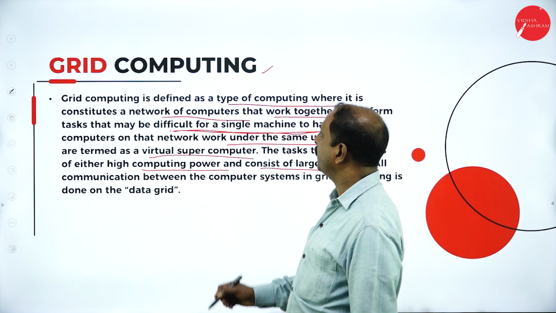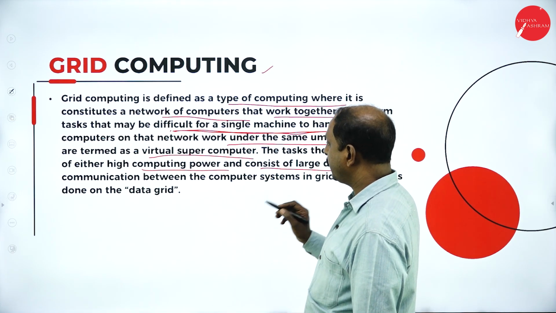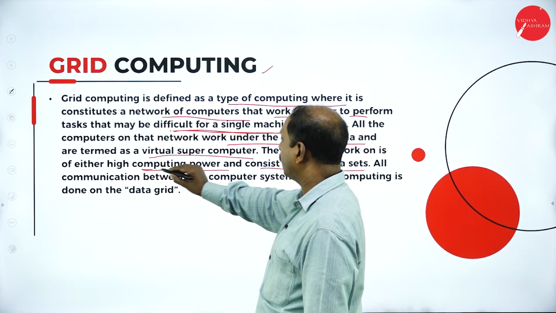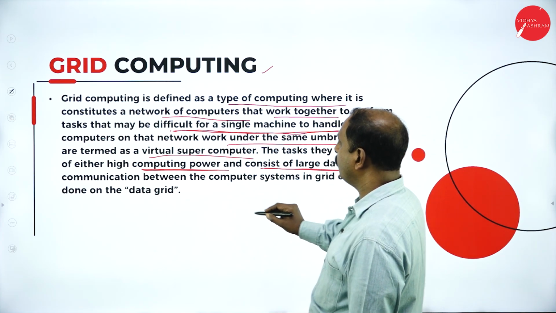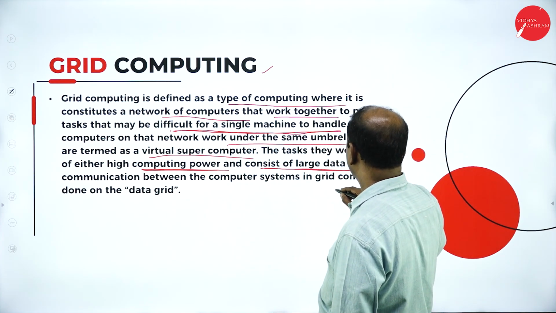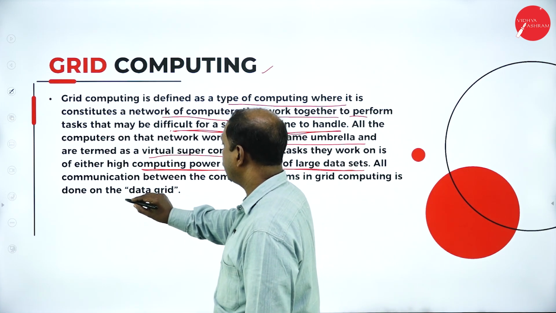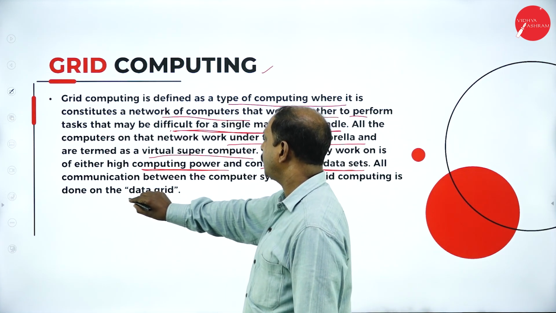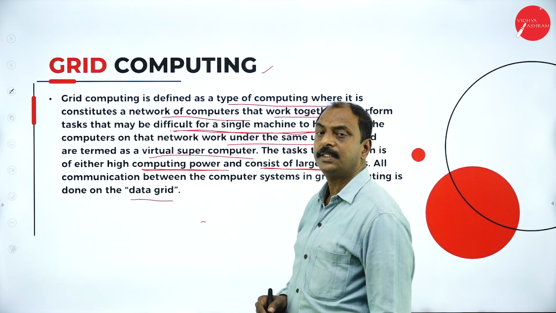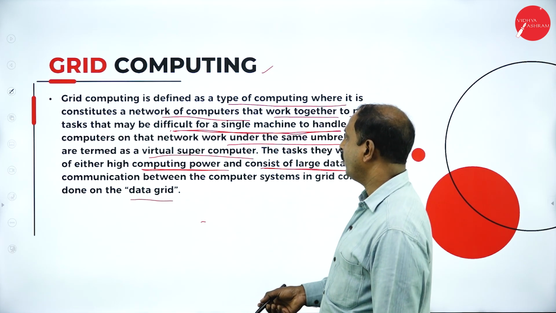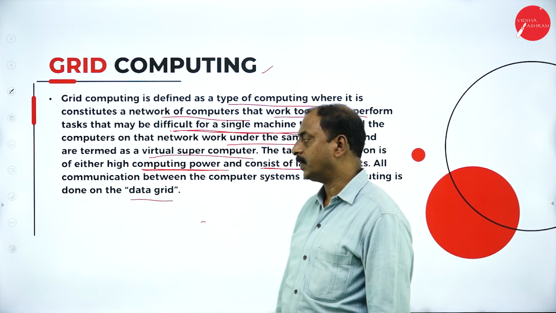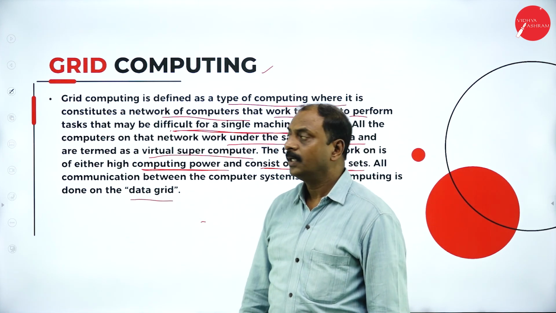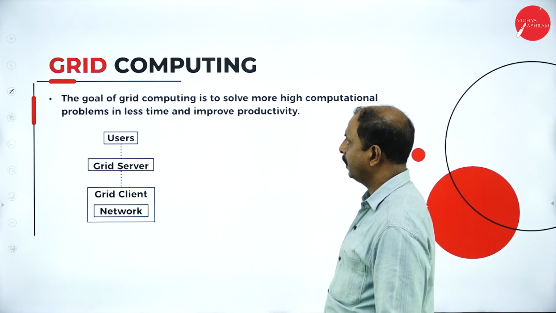With the help of grid computing, it is possible to process with high computing power and a large amount of data. All communication between the computer systems in grid computing is done on a data grid. Here the data grid is a part of the grid network where the communication takes place between two systems in a network. So this is grid computing.